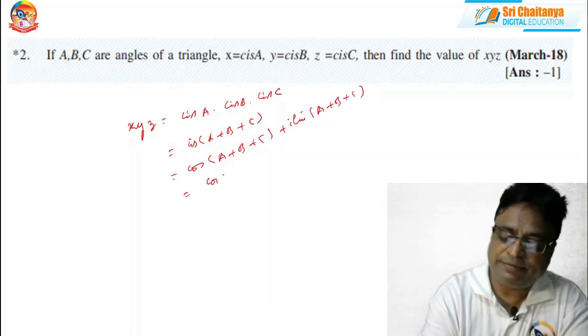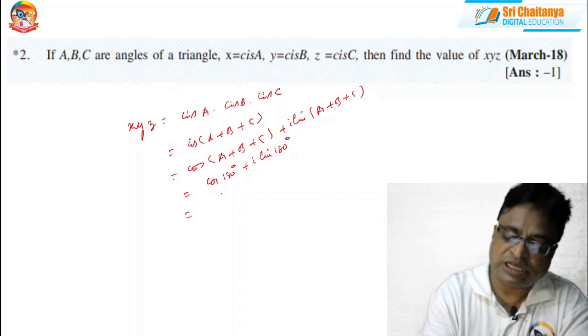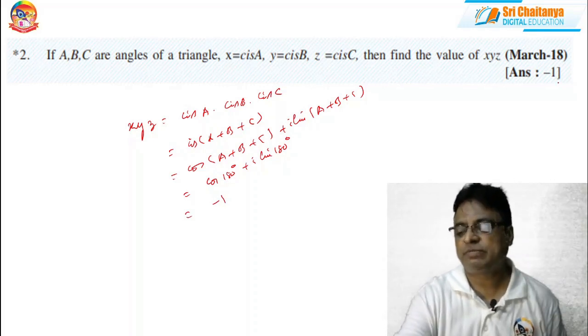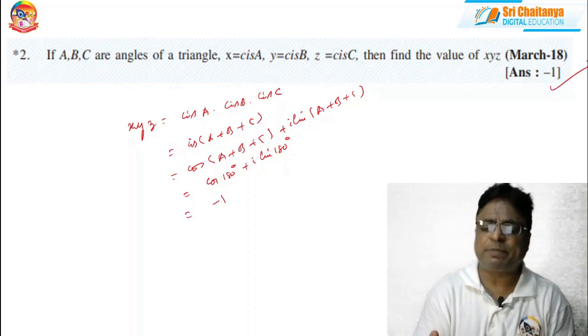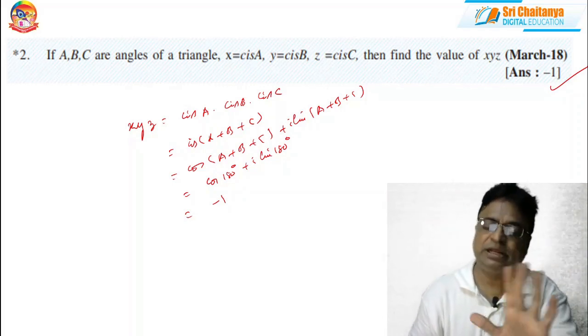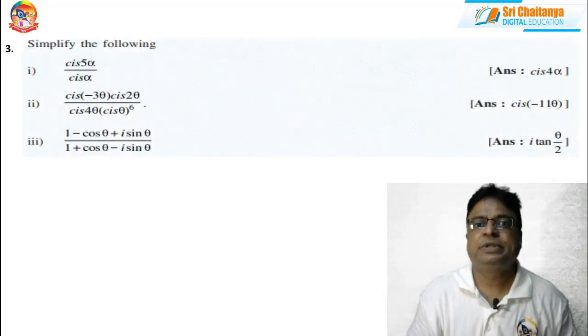So cos 180 plus i sin 180. Or instead of degrees, better you write the radian form, pi. Cos 180 is minus 1, sin 180 is 0, so the answer is minus 1. It's a simple application, and moreover it is important for board examinations and of course in MCET examinations also. Okay, now coming to the third question.